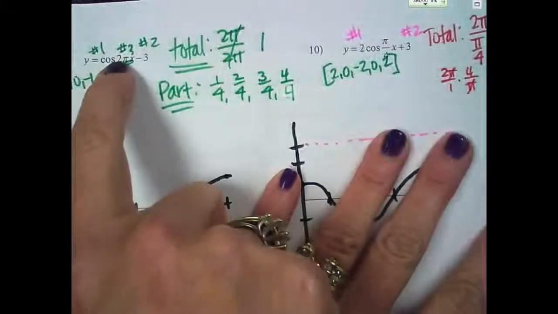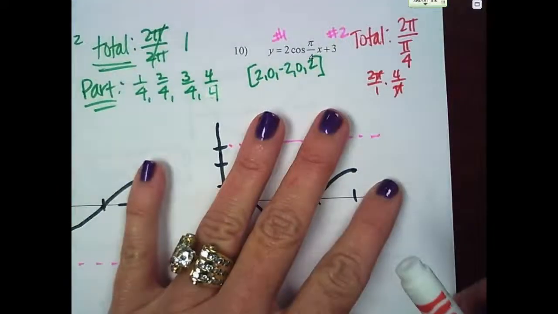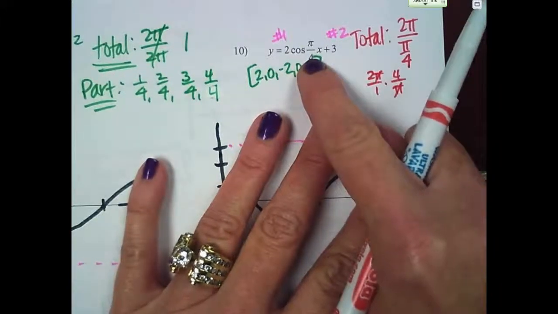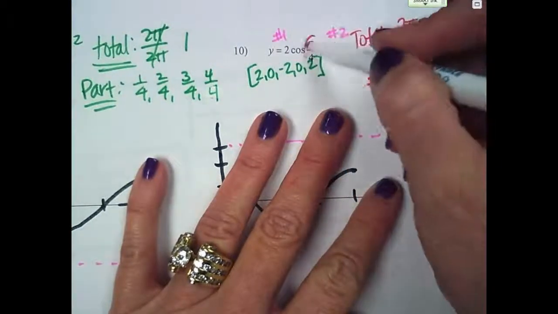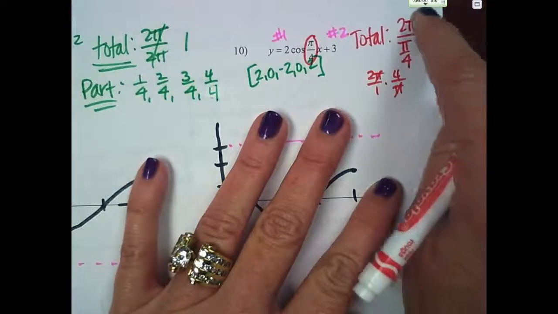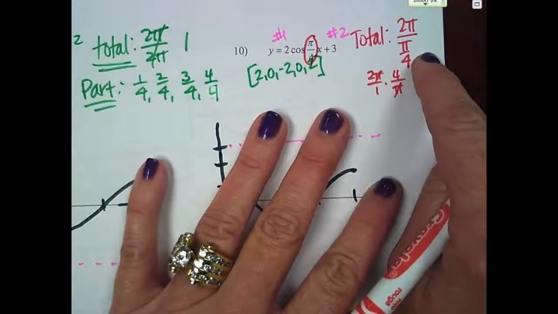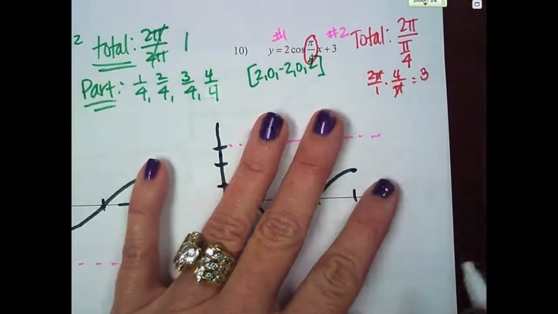When you multiply fractions, guys, you always divide, just like always. So I'm going to take 2 pi and divide by whatever number is here. It just so happens this time it's a fraction. So I'm going to take 2 pi and divide by pi over 4. So then I flip it. So you end up with 8. So your total is 8.